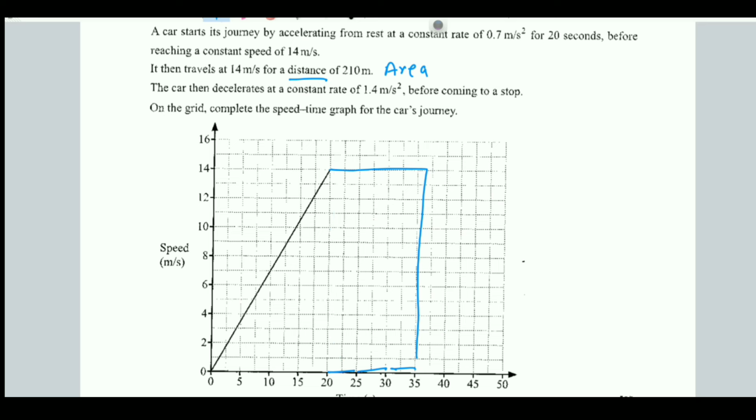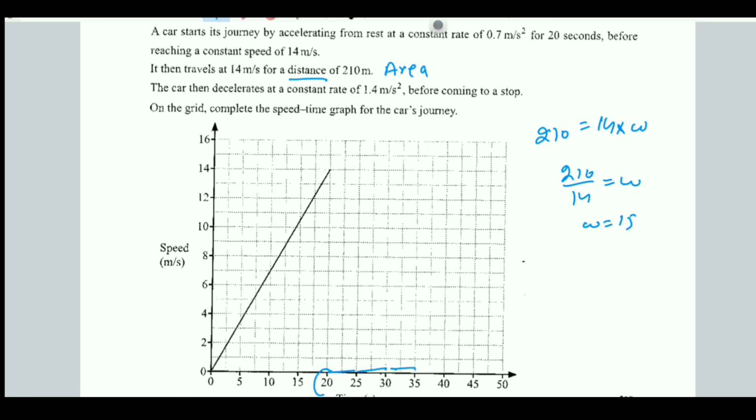Now we will use the area of a rectangle formula here. Area is equal to length times width, length or height you can say 14, and we don't know the width. Area will be 210. So 210 over 14 is equal to width. So W is equal to 15.